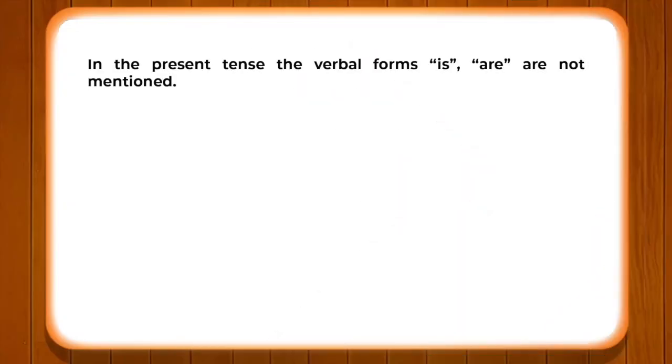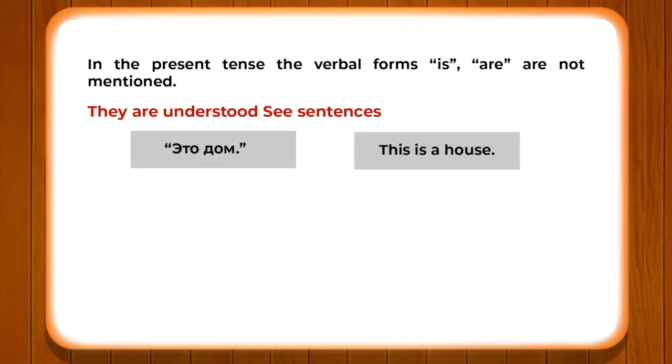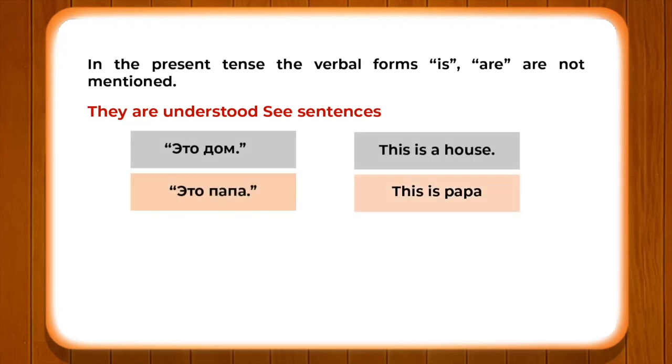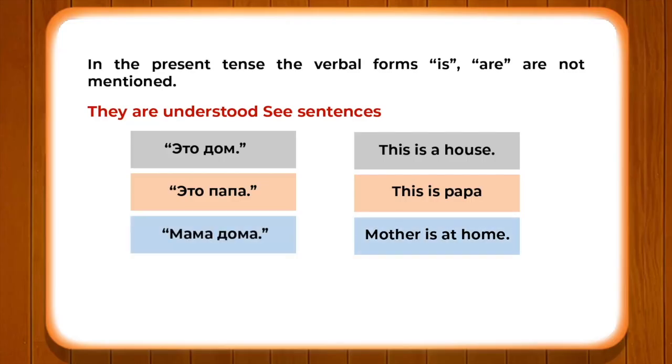Alright, so let us go ahead and see this concept, which is very important in order to understand and learn the language efficiently: in the present tense, the verbal forms of is and are are not mentioned, they are understood. For example, let us look at the sentences given below. We have eta dom, this is a house; eta papa, this is papa; mama doma, mother is at home.